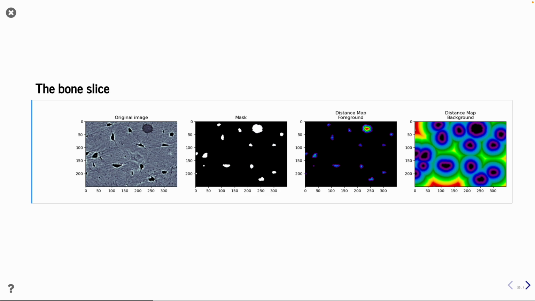That can tell things about the objects themselves, but if you look at the background distances, then you can tell how separated they are. That's another piece of information which may be interesting to you. You could, in principle, also do that by computing the centroids of each one and computing the distances between them, but here you get a distribution of distances in the object.